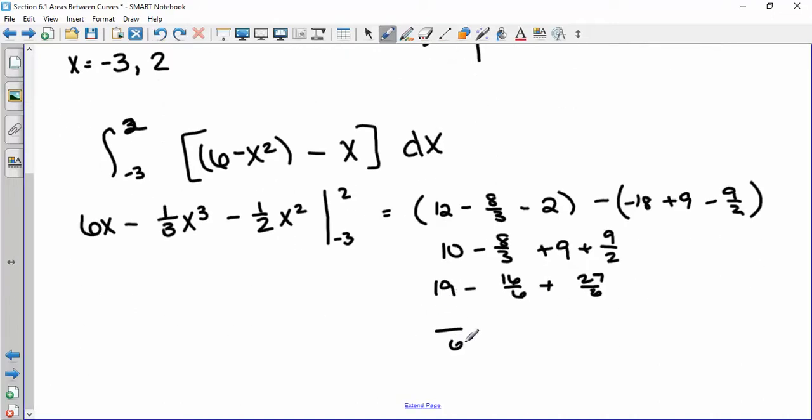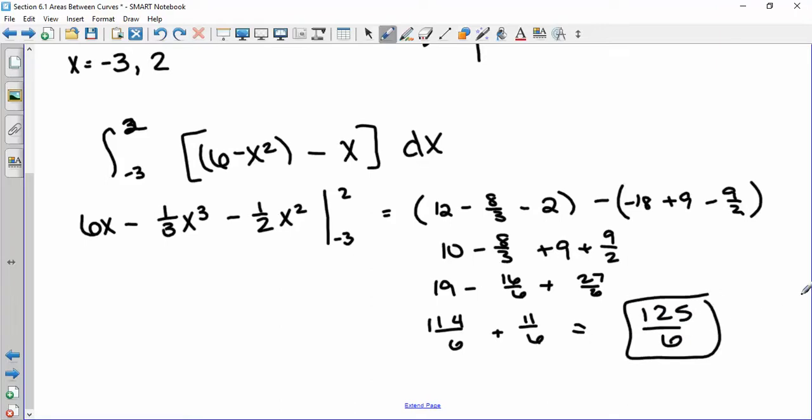So 19, if I want to get a common denominator with that, I have to take it times 6. 16 over 6 plus 27 over 6 is 11 over 6. So we get 125 over 6. I'm probably showing more work than you really have to, but I just really want to show you how to work things out without grabbing the calculator.